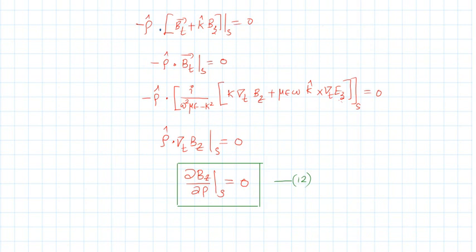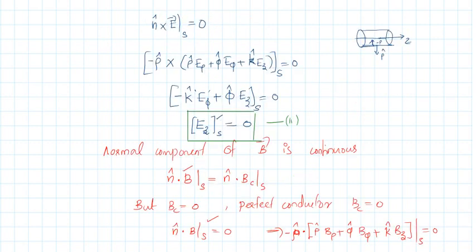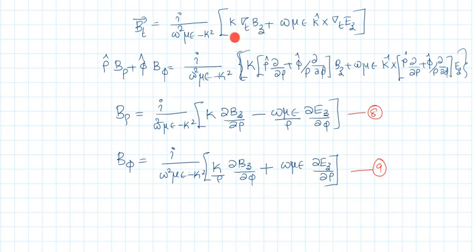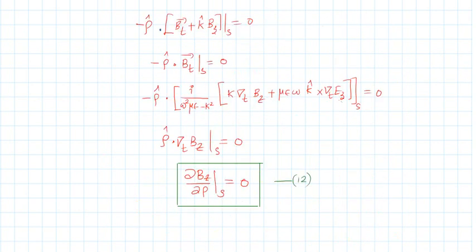But we have an expression for BT. What is the expression for BT? This one. BT is I divided by omega square mu epsilon minus k square, into some factor. So this value you put here. So it is minus rho cap dot I divided by omega square mu epsilon minus k square into some factor, evaluated at surface equal to 0. We already have Ez evaluated at surface is 0, so this second term vanishes.